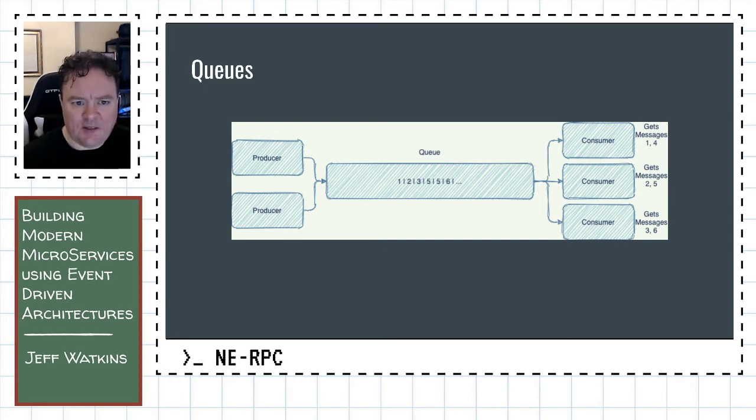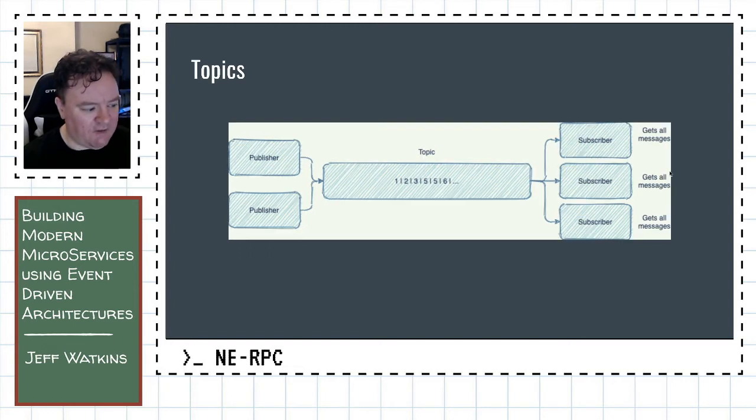And then there's the next kind, which looks very similar. Diagrammatically, it's almost the same diagram, in fact the same diagram because I copied and pasted it. But notice the terminology here is publisher and subscriber. In this case, we have publishers who publish to topics that look a bit like queues, only the messages aren't dequeued once they've been processed. Multiple subscribers can subscribe to a topic.